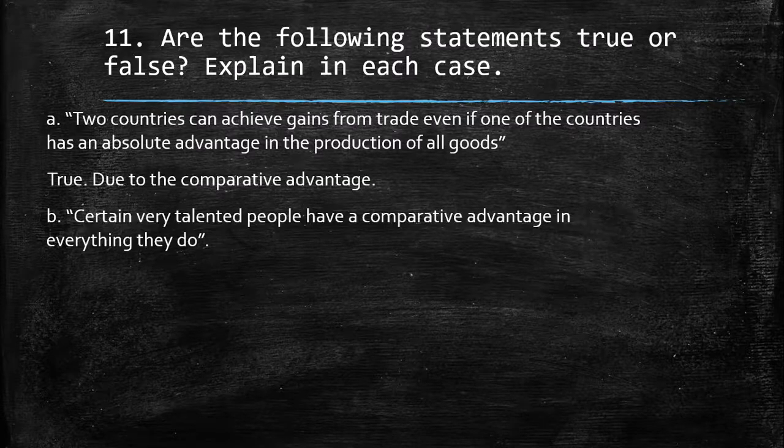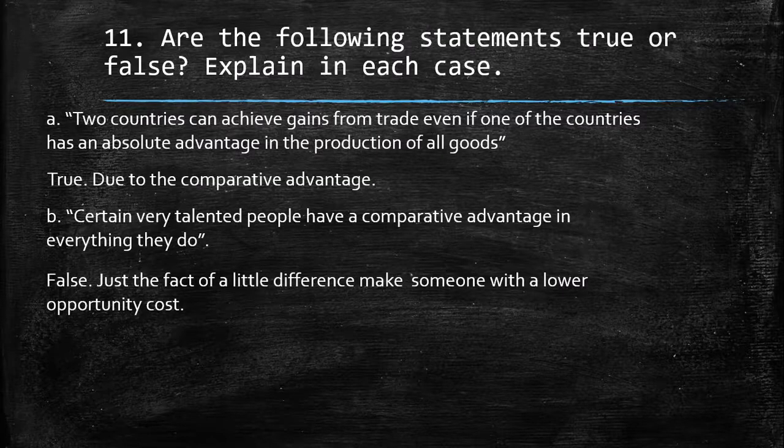B. Certain very talented people have a comparative advantage in everything they do. This is false, because even people with great talent in different activities, once they compare one activity with another, will find that there are other people with a lower opportunity cost.